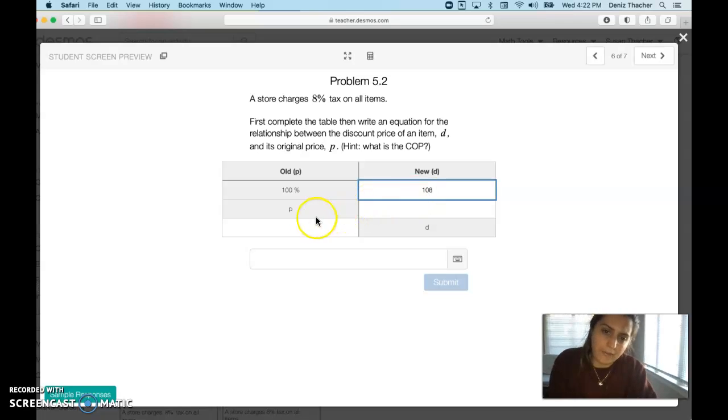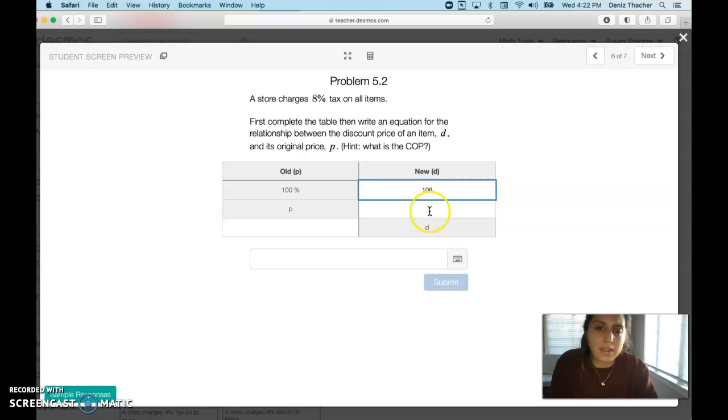Now, in order to be able to figure out what goes next to P and what goes next to D, I need to find that COP. So I'm going to do that by dividing 108 by 100, or again, just moving that decimal 2 places to the left, which would give me 1.08.